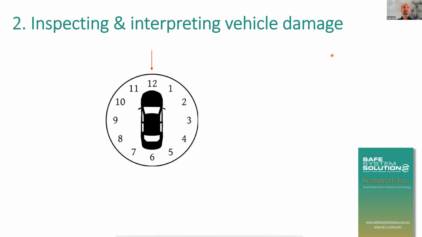So force comes from 12 o'clock. If the vehicle sustained impact from the right-hand side, we call it 3 o'clock. From the rear, it's 6 o'clock. And from the left-hand side, it's 9 o'clock. So keep in mind that this is always in relation to the vehicle that you're inspecting.